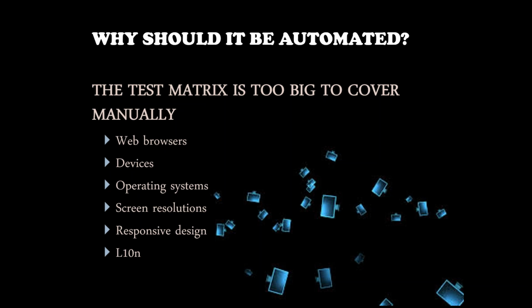So why should we automate this type of tests? There are many reasons, but the most important one is that it's practically impossible to cover the test matrix because it's so big. Think of all the different web browsers, devices, operating systems, and screen resolutions. We all know that if a website looks good on Chrome, it doesn't mean that it looks good on IE8.